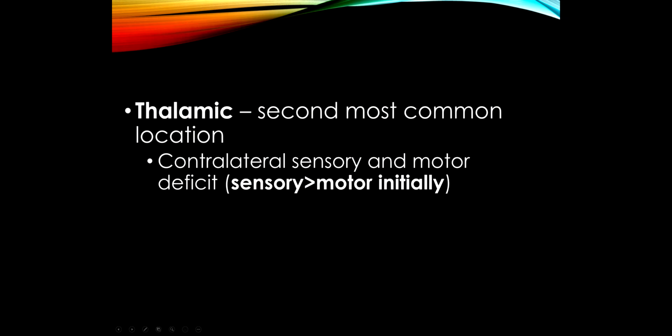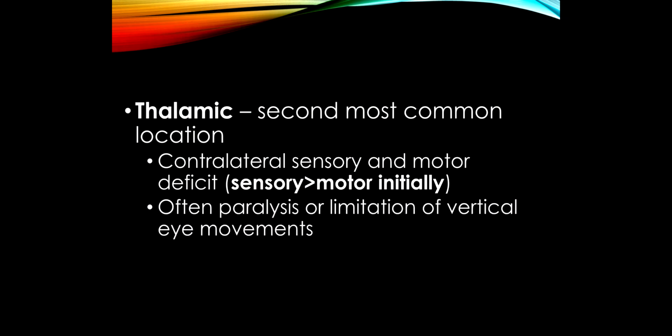The next most common location for a hypertensive hemorrhage is in the thalamus. Okay, the thalamus has more to do with sensory processing, right? And so these patients often present with contralateral sensory loss, and as the bleed enlarges, it may extend to involve motor pathways.